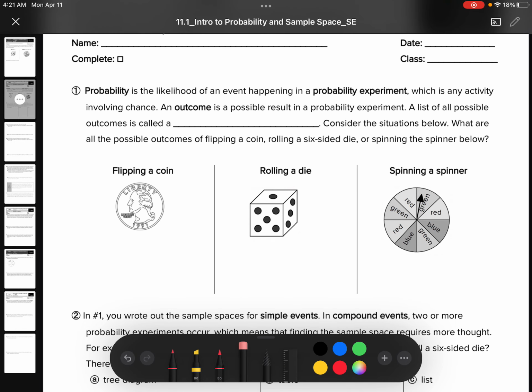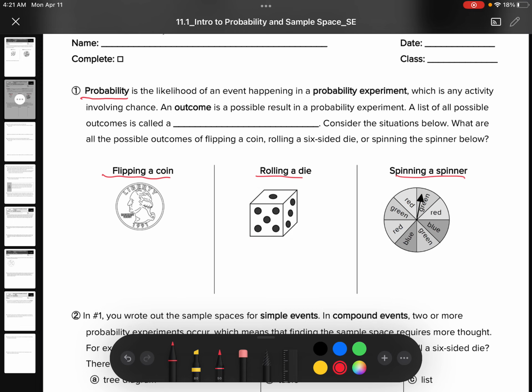Let's read this through. The probability is the likelihood of an event happening in a probability experiment, which is any activity involving chance. It can be flipping a coin, rolling a die, or spinning a spinner.